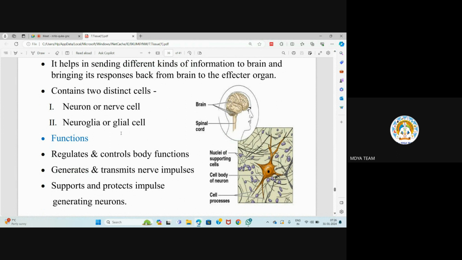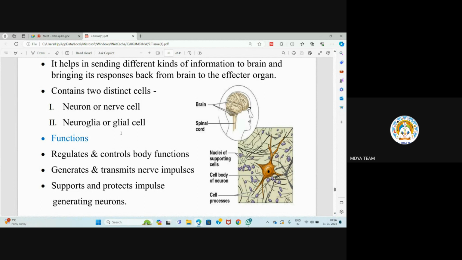For example, if we are feeling hot, or cold, or hungry, all these body sensations are received by sensory receptors inside our body, and those sensory neurons send the information to the brain, and the brain reacts or responds to those.